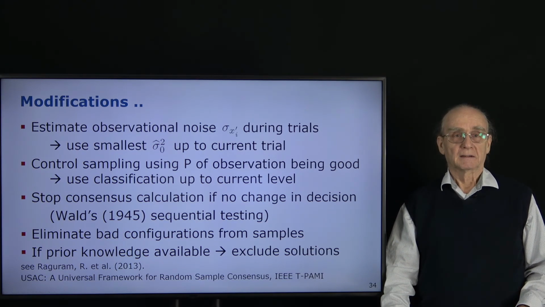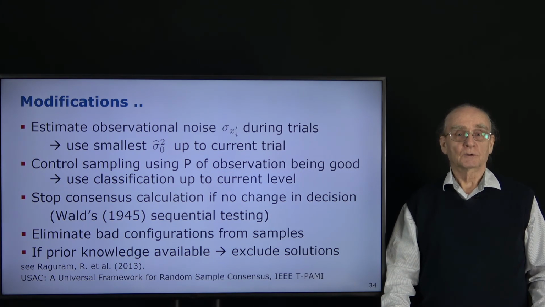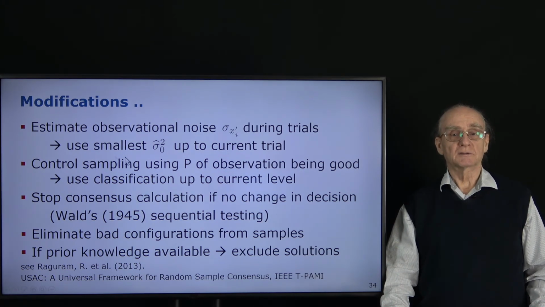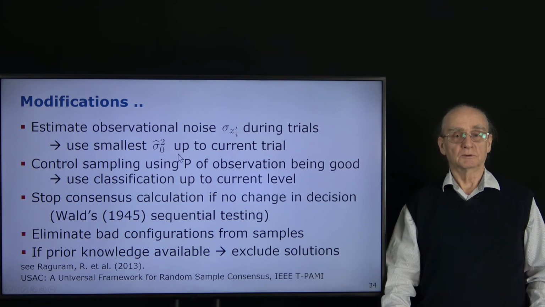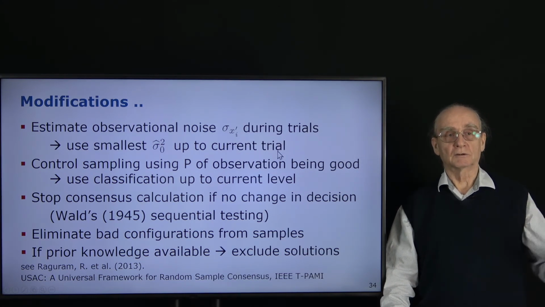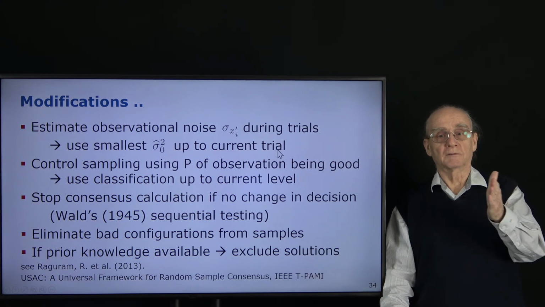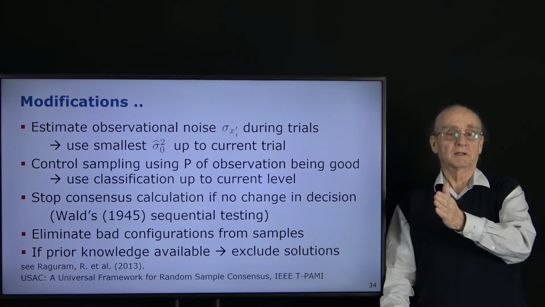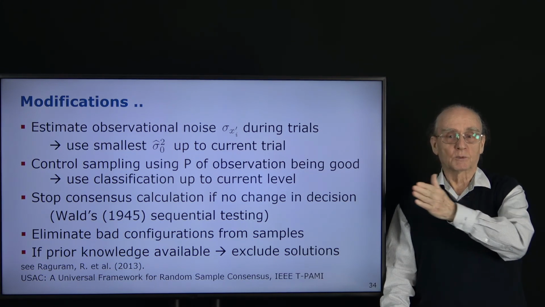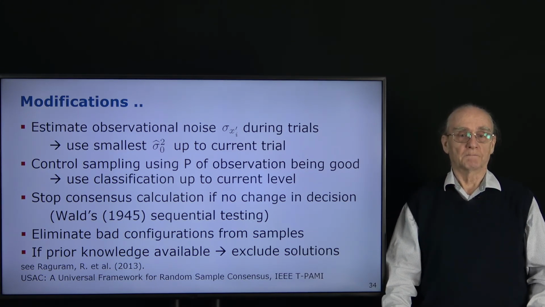Now, if we don't know it, we could say, aha, we take the smallest variance factor, assuming some standard deviation for the data at the beginning, the smallest variance factor up to that current trial. So if we do all the trials, one after the other, we could estimate the variance factor and take the best one of the trials up to now.